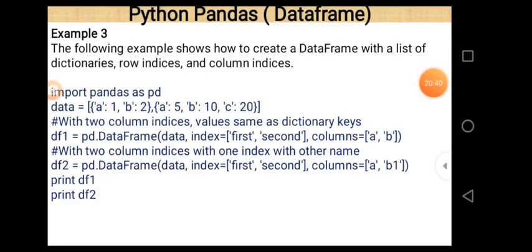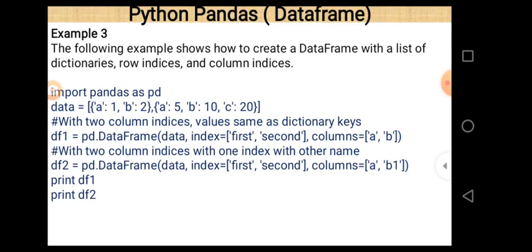Next, this example shows how to create a data frame with a list of dictionaries, row indices and column indices. Import pandas as pd. The data are a 1, b 2, a 5, b 10, c 20.